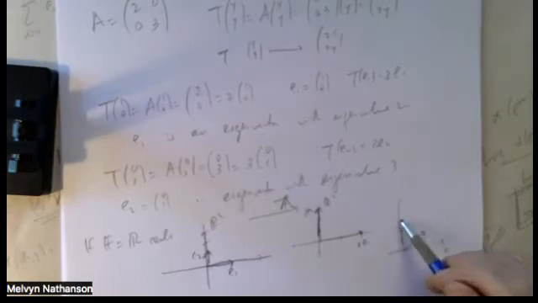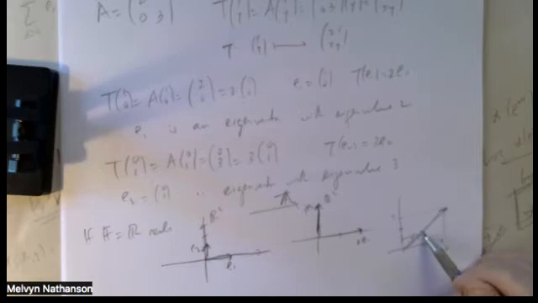The Y coordinate is multiplied by 3. So V gets sent to this vector over here. It's not on a straight line, it's just my bad drawing, but the X coordinate is doubled. The Y coordinate is tripled.